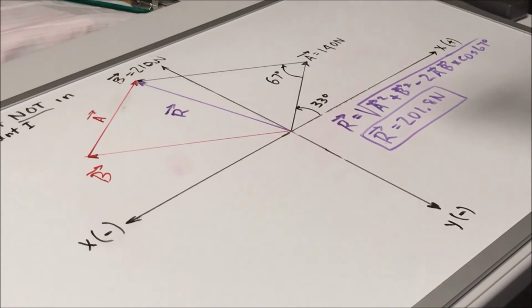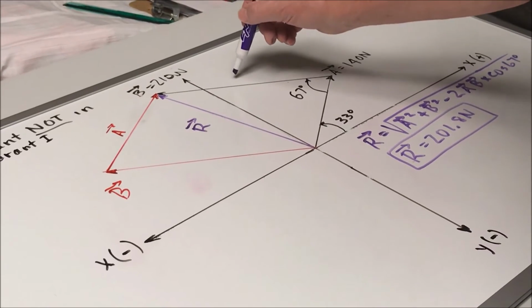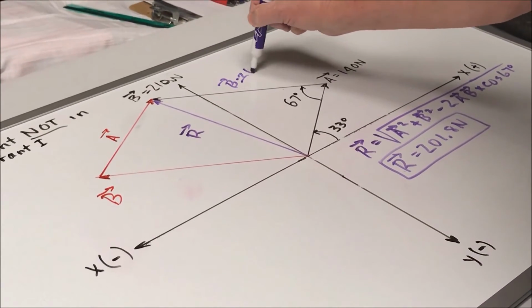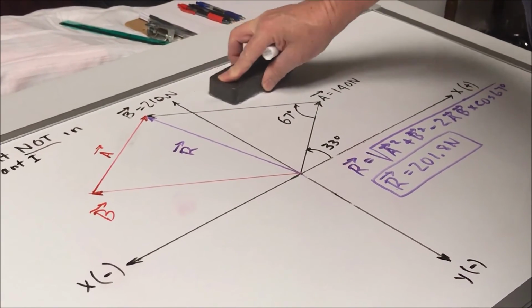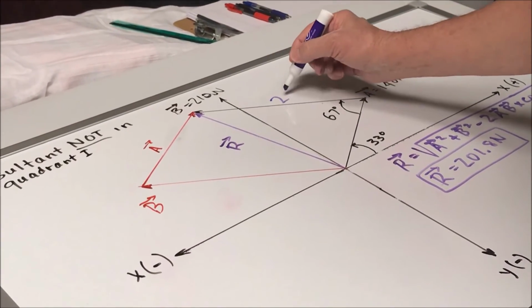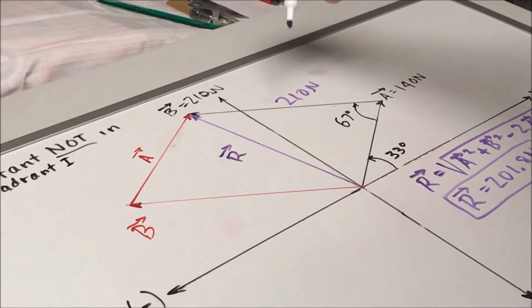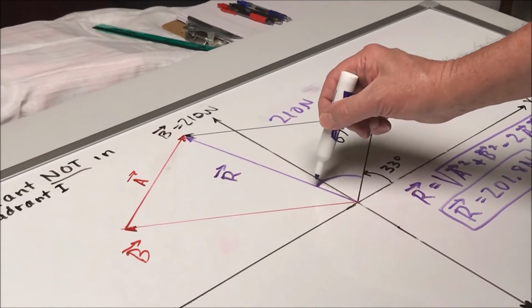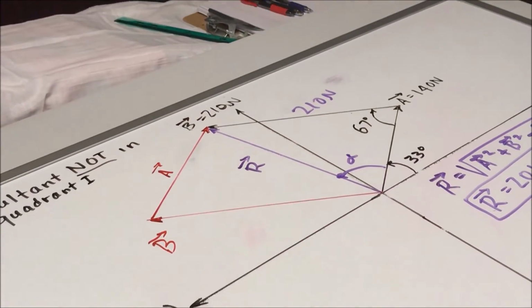So let's go ahead and say, okay, we know what the B side is right here. B is 210 newtons. The angle that is opposite that B side in this triangle right here, we're going to call angle alpha.